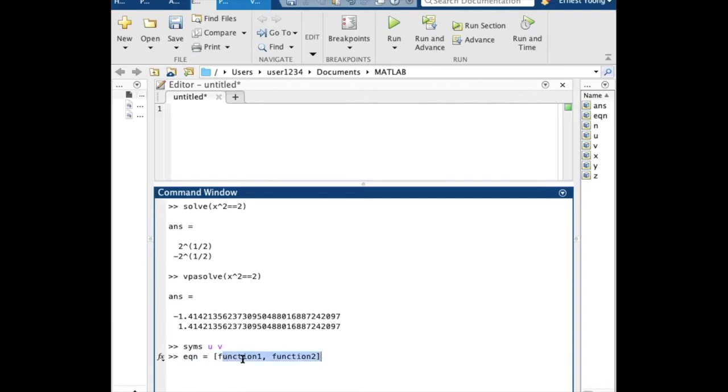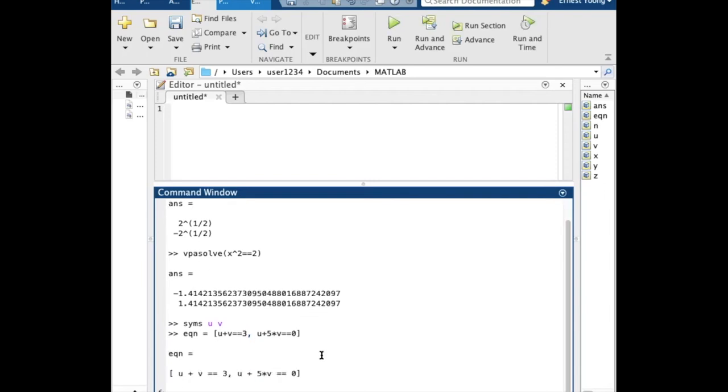So I put my function 1 first. Here, we do u plus v is equal to 3. And then I say u plus 5 times v is equal to 0. So here I can put two functions and separate them with a comma. Okay, that's it. Then I have two equations. Then I want to find the solution because this is a simultaneous equation.